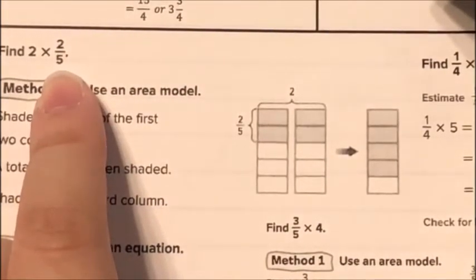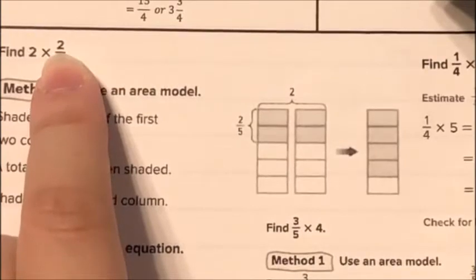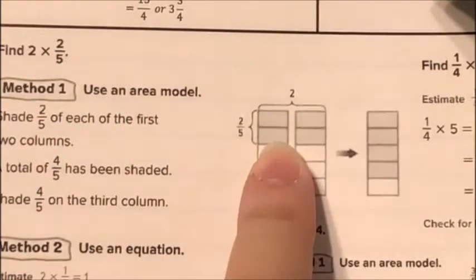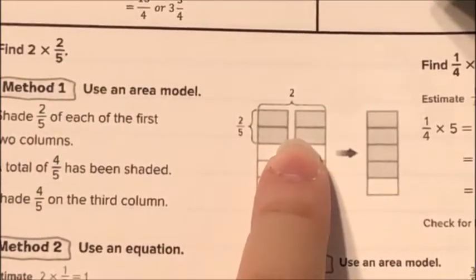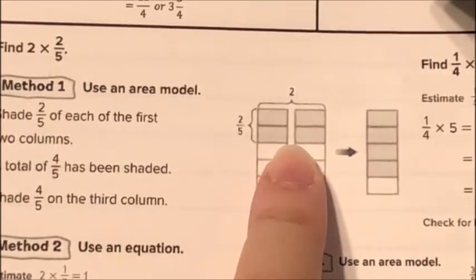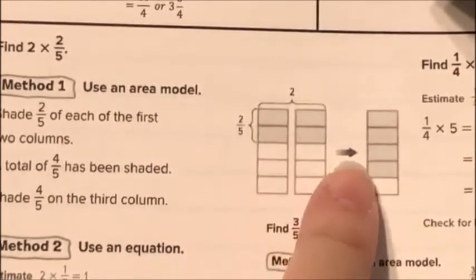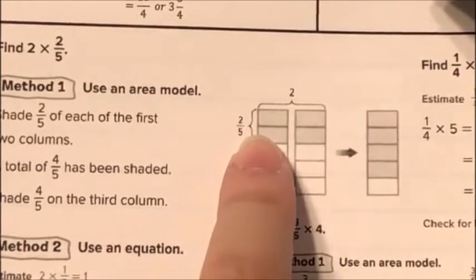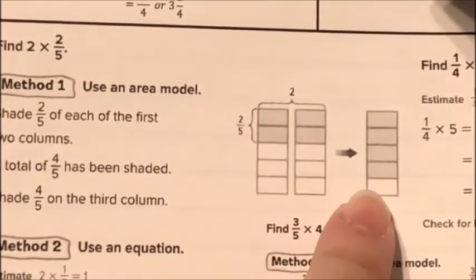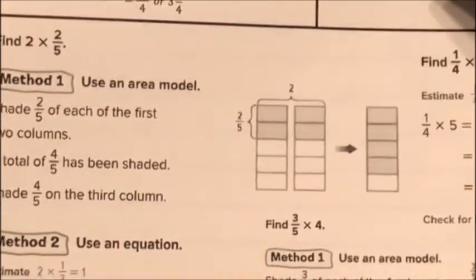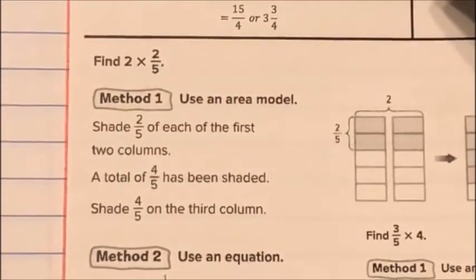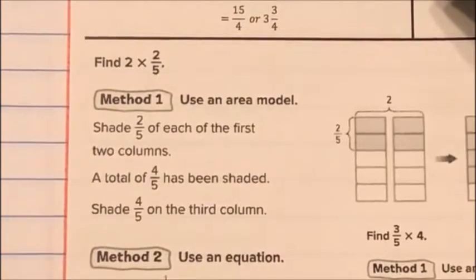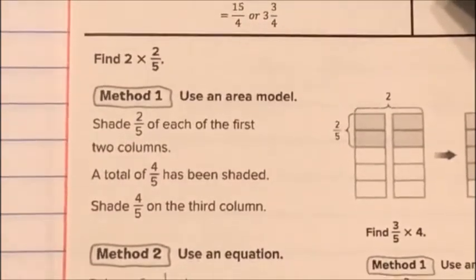Because I have a numerator of 2, I shade 2 in each of the 2 columns. When I combine them into 1, I have 4 of the 5 shaded. So 2 times 2/5 is the same as 4/5.